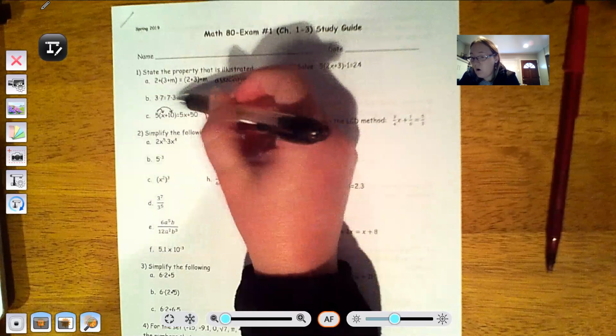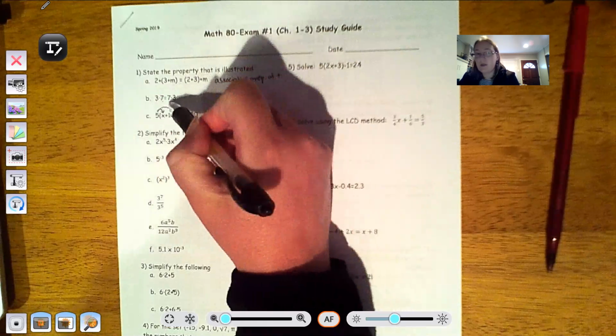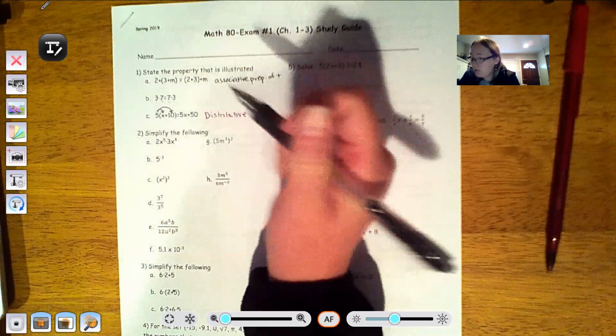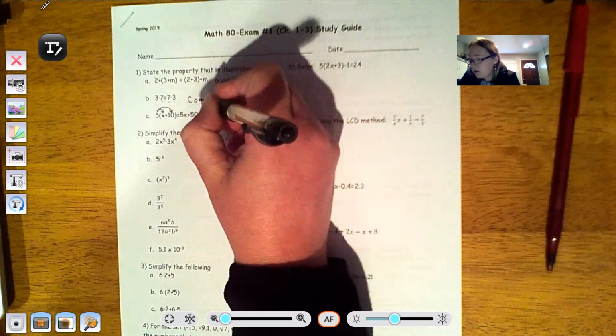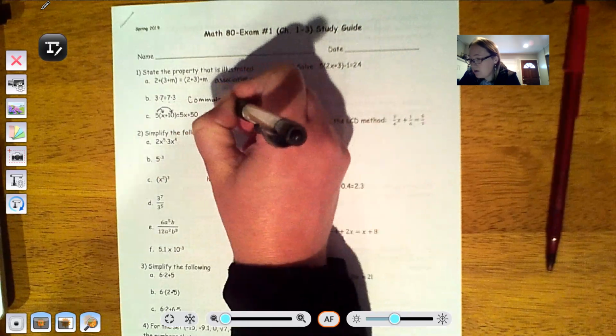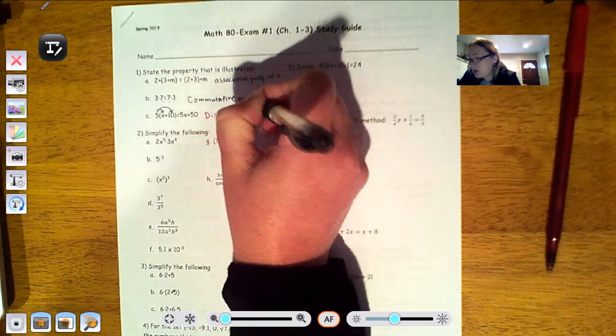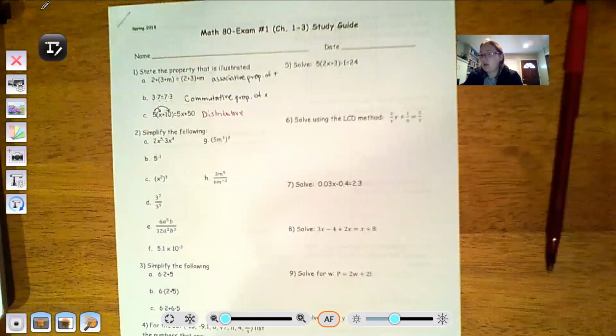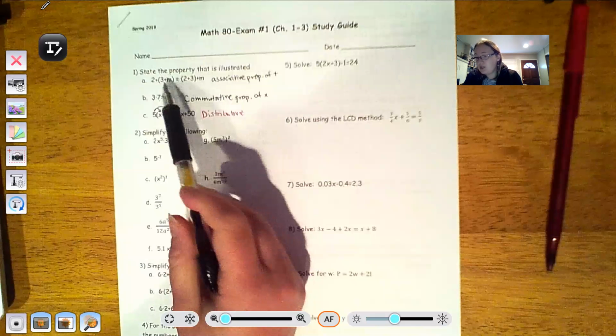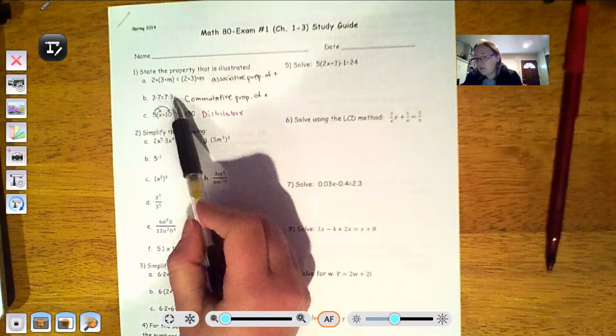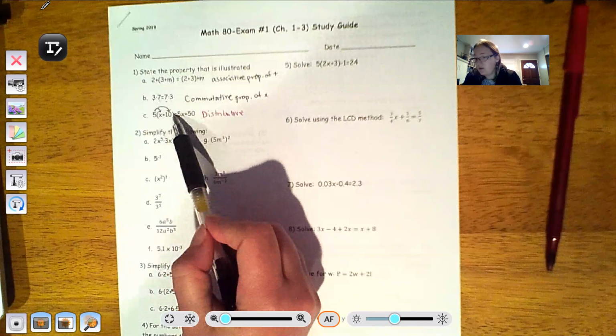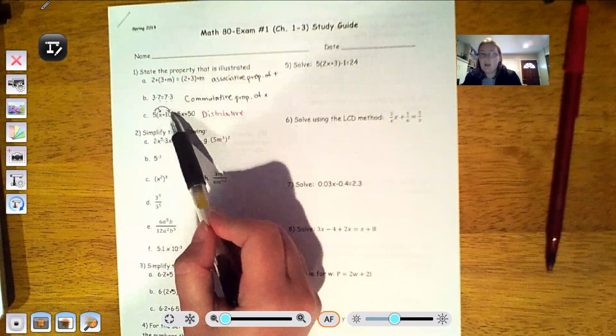So like home to work and then work to home, the order changed. You're commuting. So you might want to make flashcards that just have those 3 on it, and the key to it is the grouping changed, the order changed, parentheses are removed, or you're distributing the 5 to each thing.